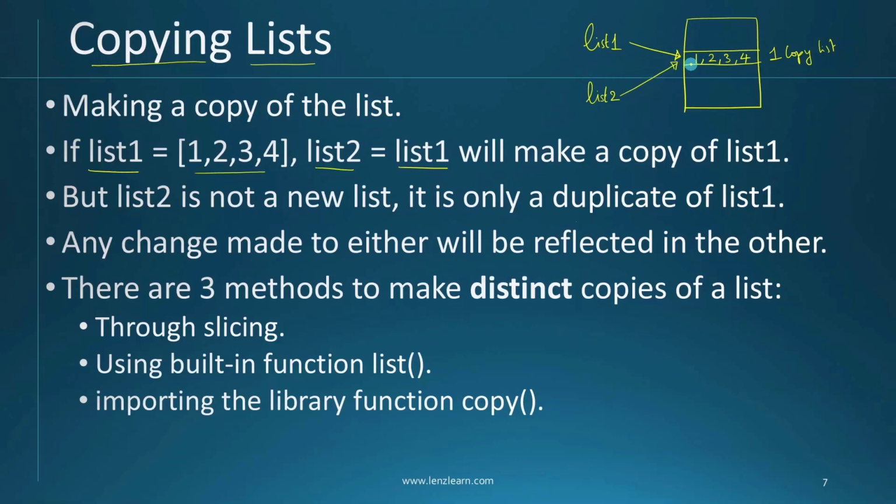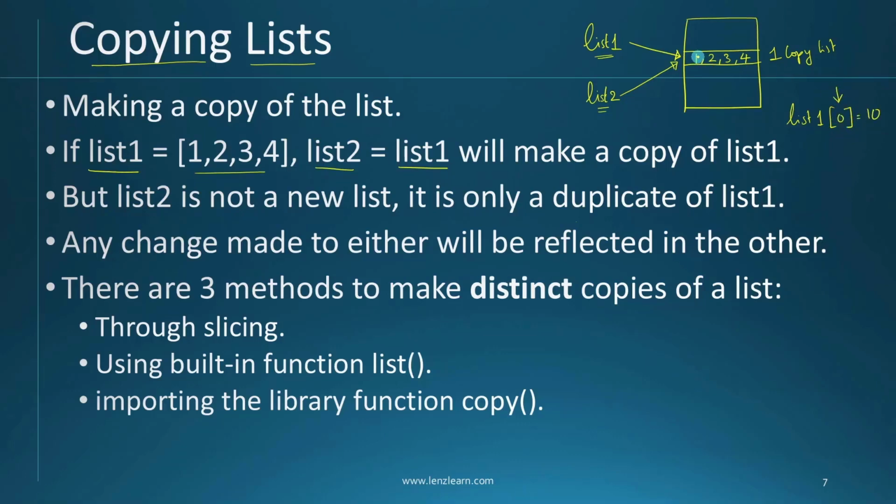The problem with this is that any change made to list 1 will automatically affect list 2, and any change made in list 2 will automatically affect list 1. For example, if I write list 1[0] equal to 10, I'm trying to change the value at position 0 to 10.